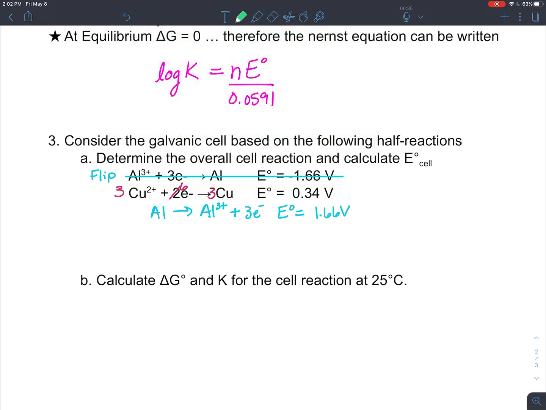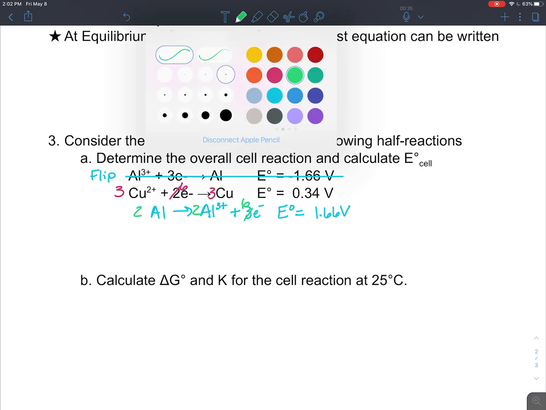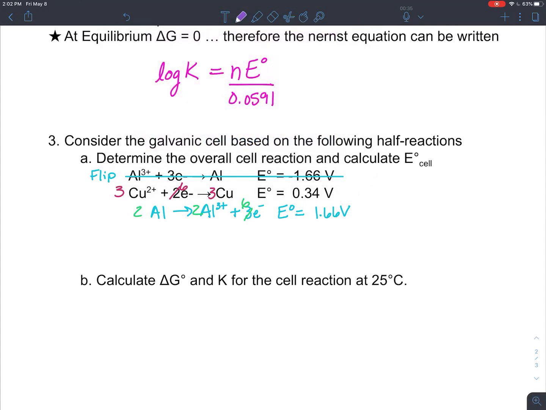And on the bottom, we're going to have 2, 2, and 6. So our overall cell, we're going to have 3 Cu2 plus and 2 Al.